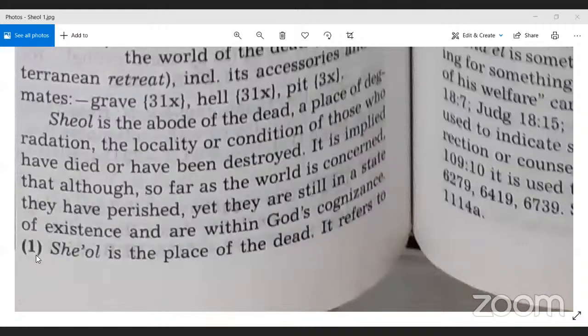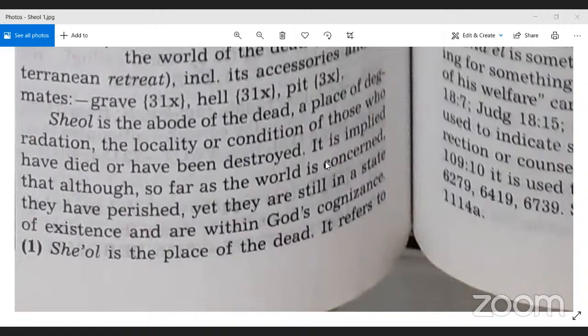One, Sheol is the place of the dead. It refers to. I have another question or statement. You all see it says it is implied that although so far as the world is concerned, they have perished, yet they are still in a state of existence and are within the Most High's cognizance.